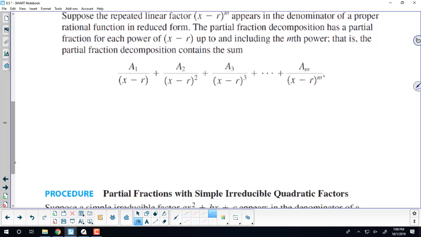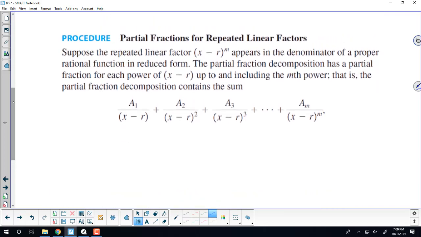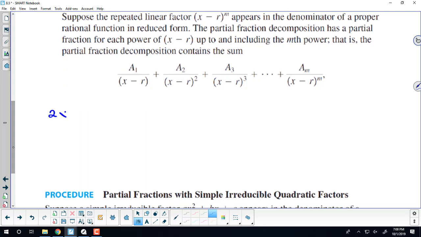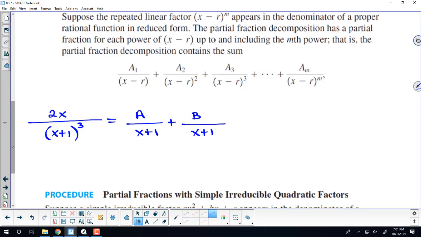So for example, if we had 2x over x plus 1 cubed, we would have to break that apart by saying it's A over x plus 1 plus B over x plus 1 squared plus C over x plus 1 cubed.